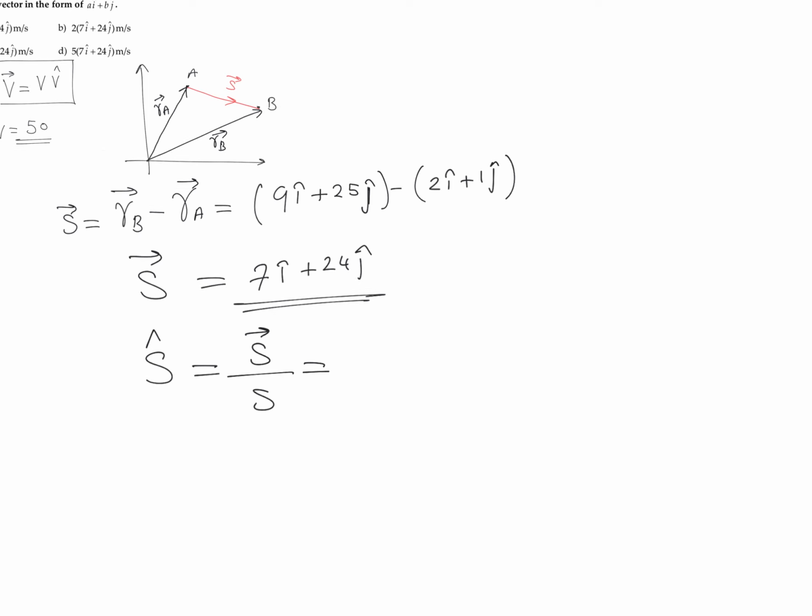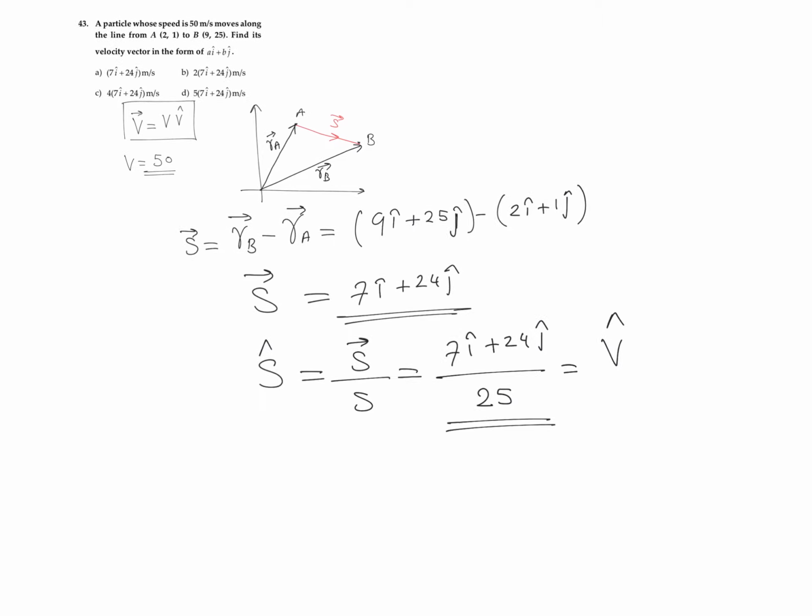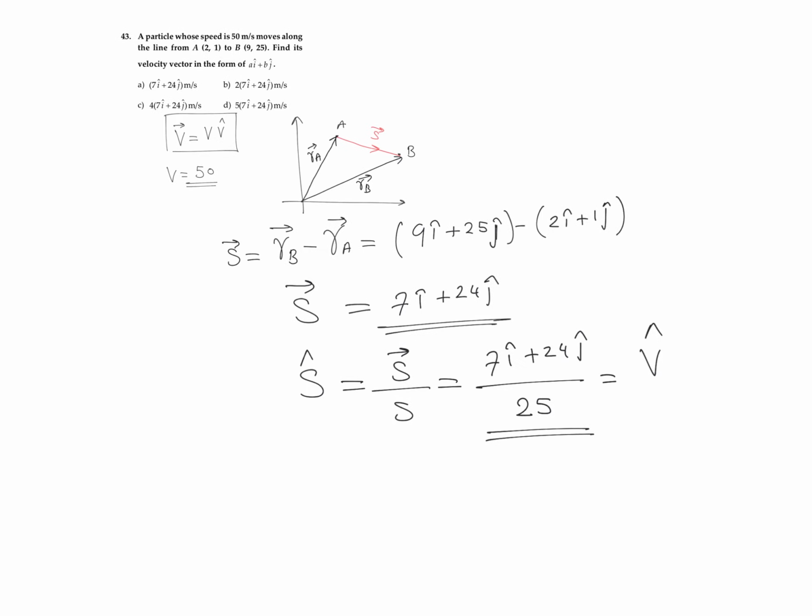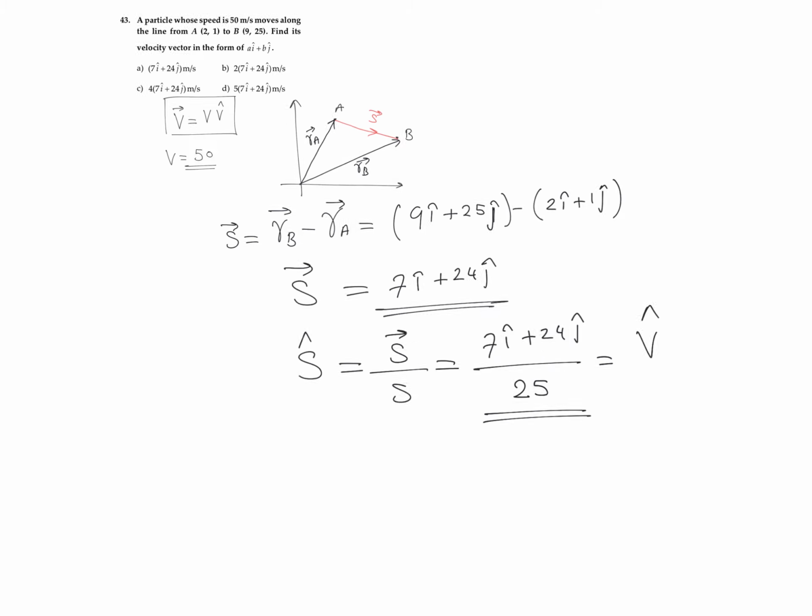So we'll get a unit vector along the direction of displacement or along the direction of velocity. So we can write that is 7 i cap plus 24 j cap divided by the magnitude of this vector, which is nothing but the square root of 7 square plus 24 square, that is going to be 25. So this is the unit vector along the direction of the velocity vector, or v cap.